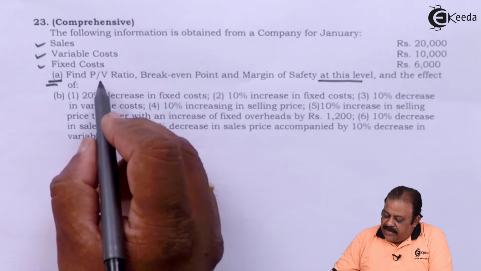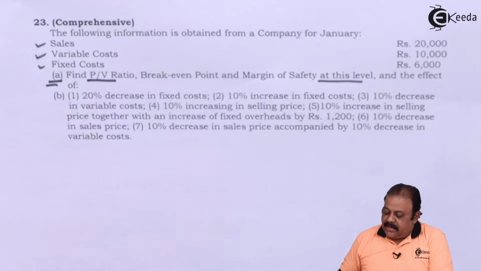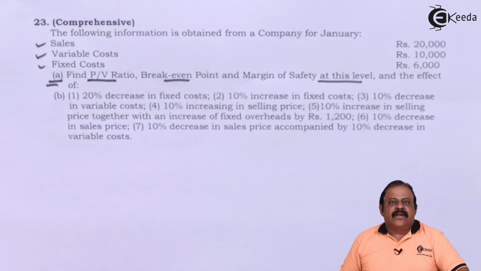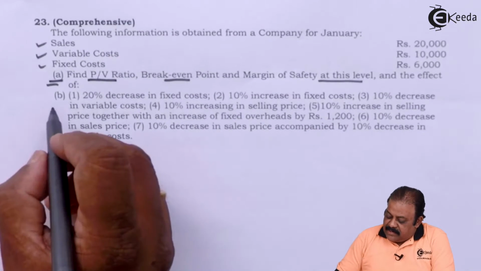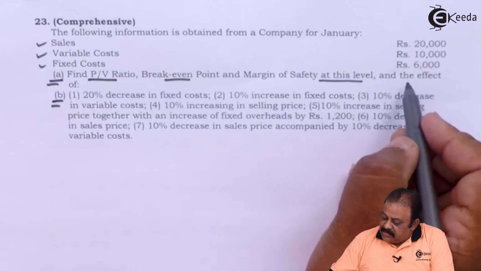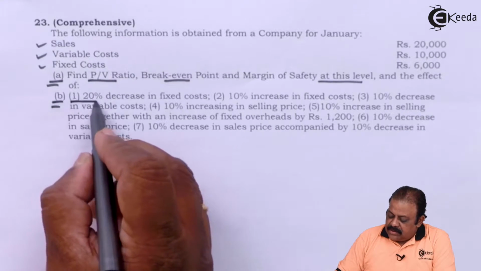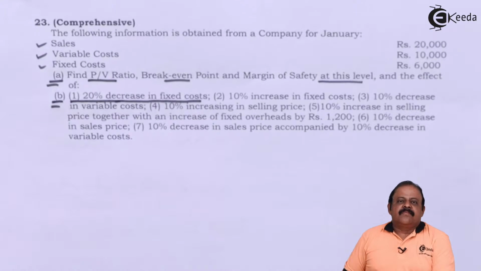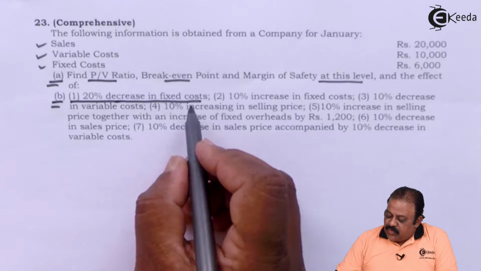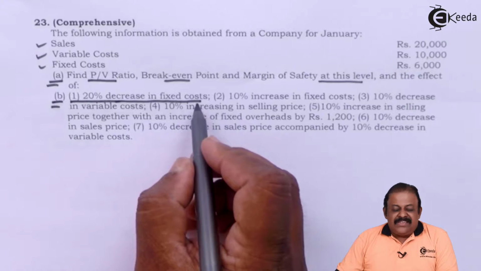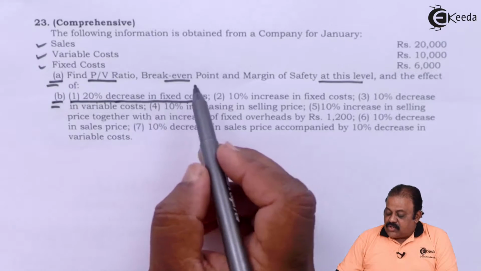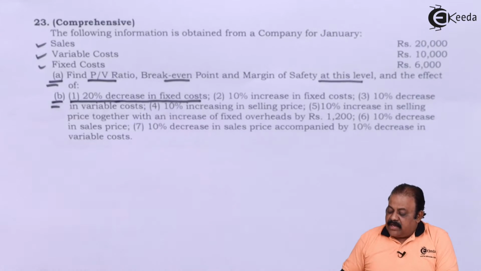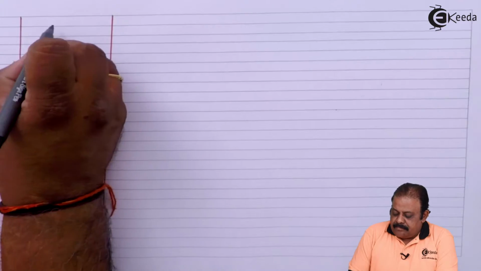They have asked us to find out PV ratio, that we have calculated. Break-even point we have calculated. Margin of safety we have calculated. Now what does sub question B say? What will be the effect of 20% decrease in fixed cost? That means they are asking us to find out the effect on PV ratio, break-even point and margin of safety if there is a 20% decrease in fixed cost.